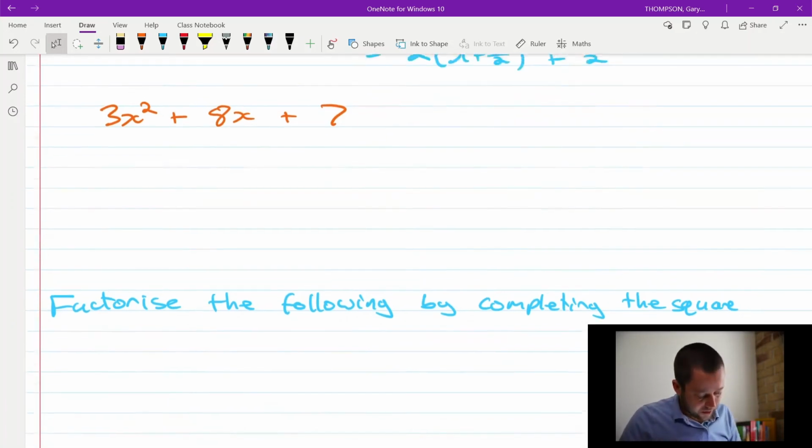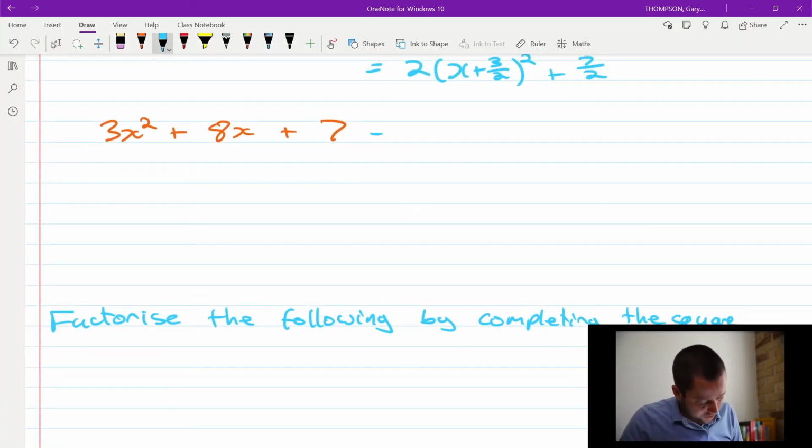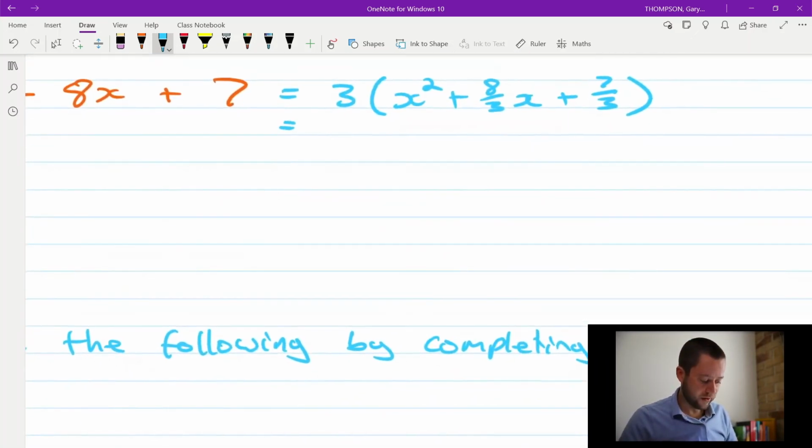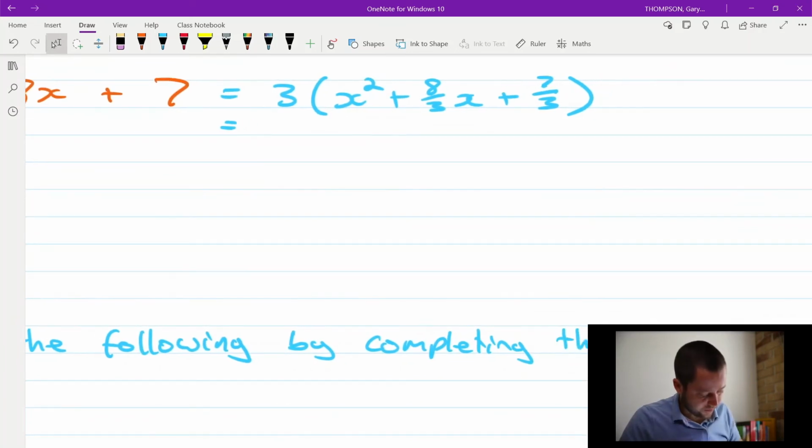Okay, so I'm now going to, this is a really long video. I'm going to complete the square. I'm going to take my 3 out, so I've got x squared equals to, I might just zoom that in a bit. Okay, make sure I give myself some room.